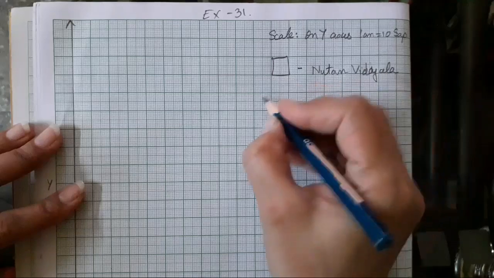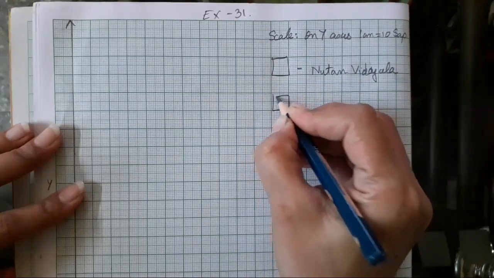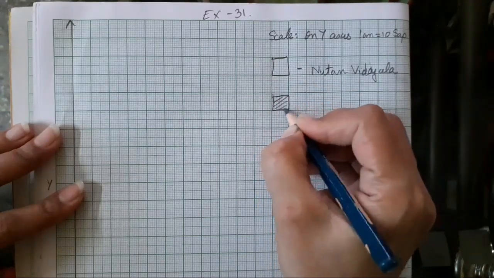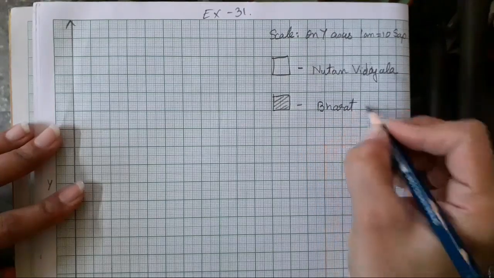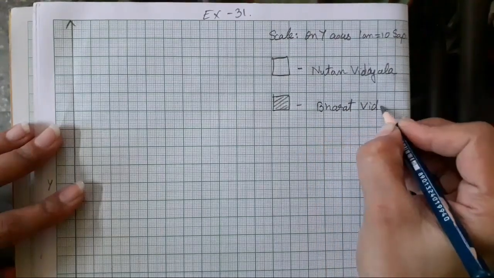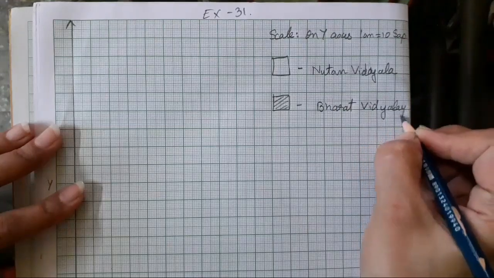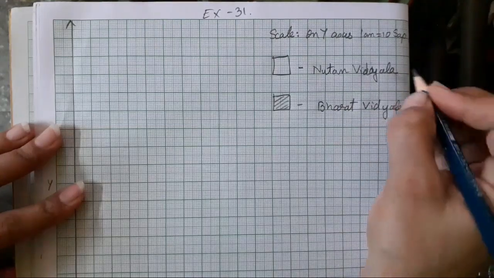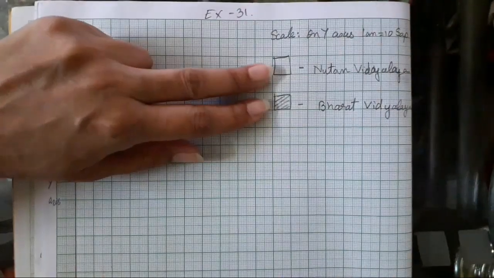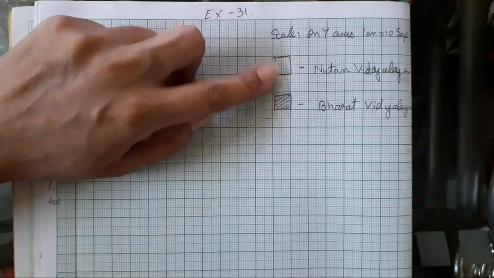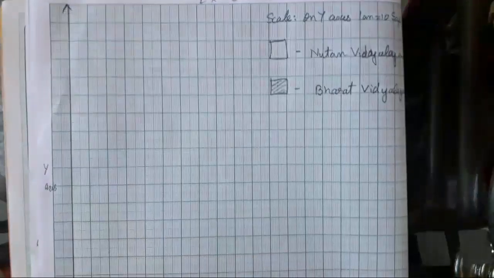And the other we will draw stripes for Bharat Vidyalaya. So 2 bars we have to draw. One will be blank and one will be striped.